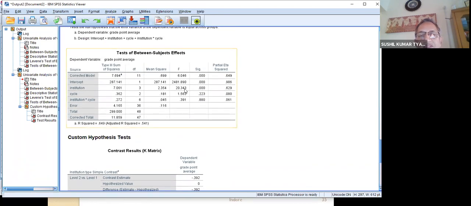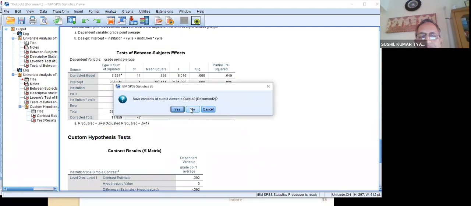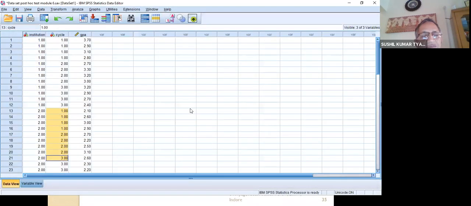Institution 20.343 and 0.629, 0.000. So these values are tallying perfectly with this. Therefore, we are not interpreting that table. Now, I go back to the presentation. Then we will come back to see post hoc test.